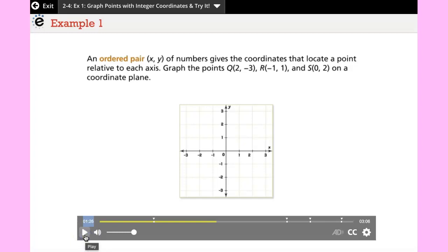We always remember that graphing the points will always start with the x first and then the y. So for example, for the Q, you start with 2, and then you go to the y, which is -3. It's here. And then you have the -1. It's here for the x first, and then you go positive y. And 0 is your x, so start here, and you go to the positive 2. Let's see if we got it correct, okay?